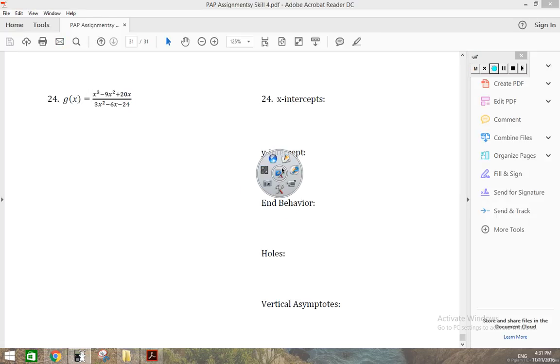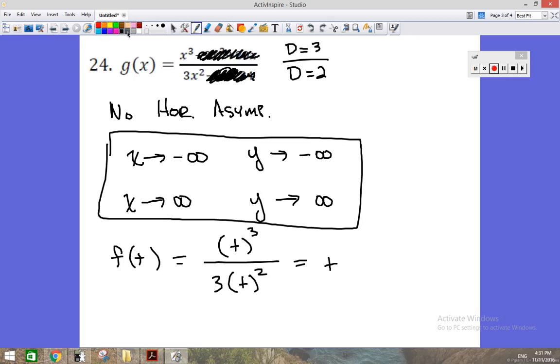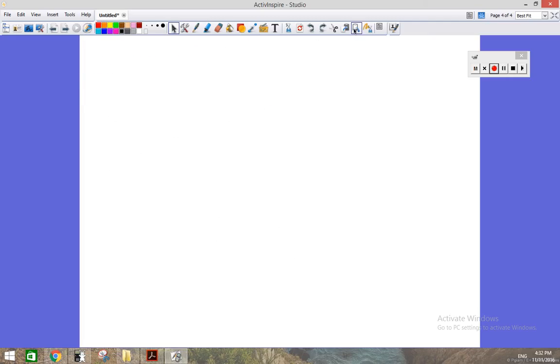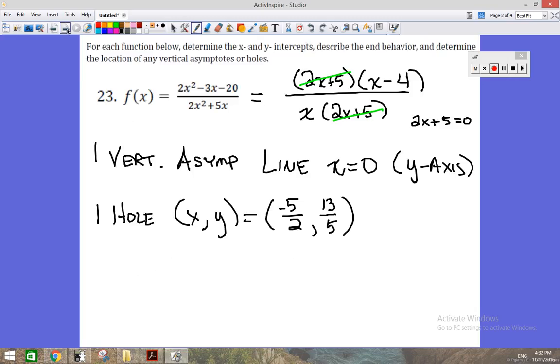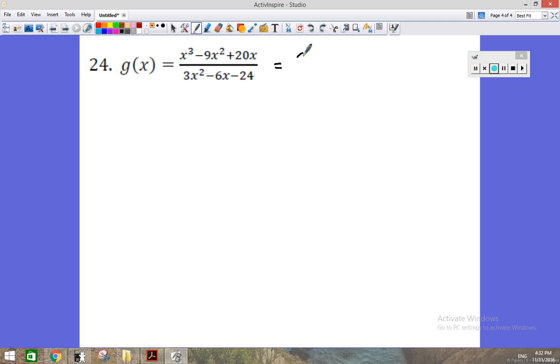Oh, it wants any holes in the graph, any vertical asymptotes. So at some point do I still have it? I probably erased it, yeah. I factored this, and should have saved my work, huh?